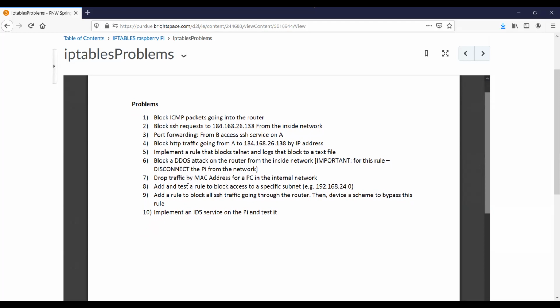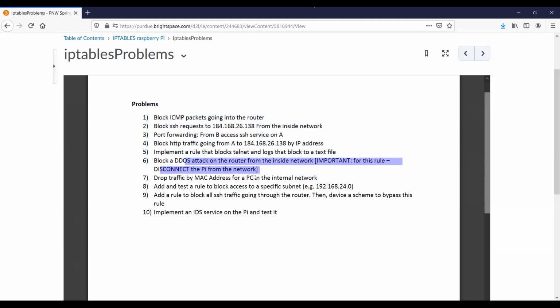Number 6, block a DDoS attack on the router from inside the network. So important for this rule, this doesn't apply for us because we're not at school. My concern is always running things like this. They don't like it when we run things like this in the school's network, and the Raspberries we would connect actually to the network in the school.